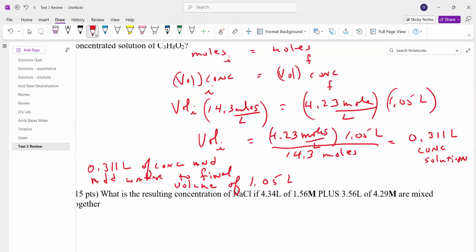So we're going to take 0.311 liters of the concentrate and add water to the final volume of 105 liters.